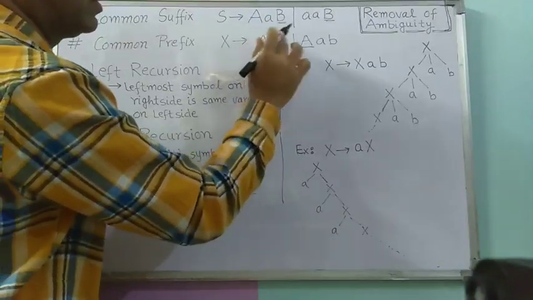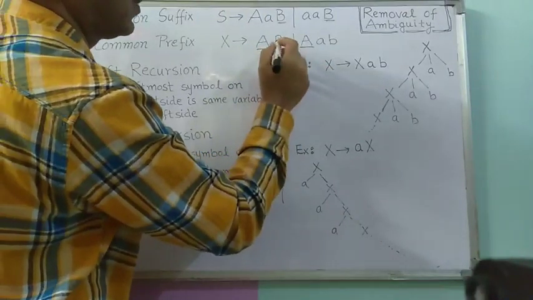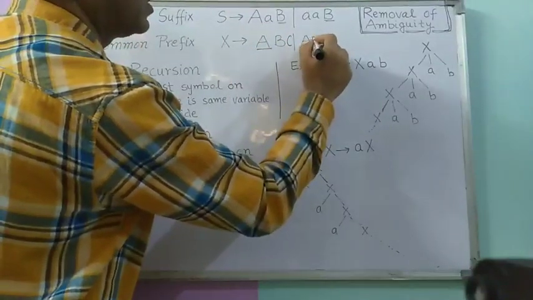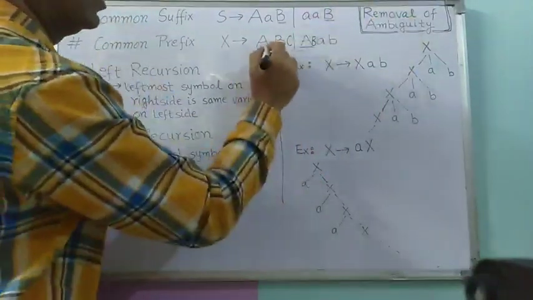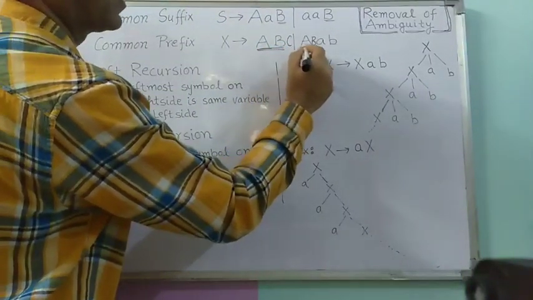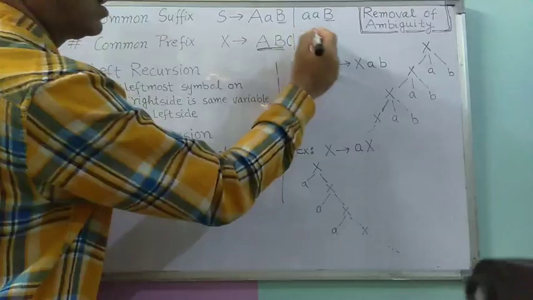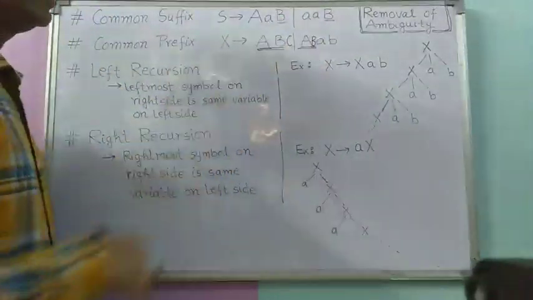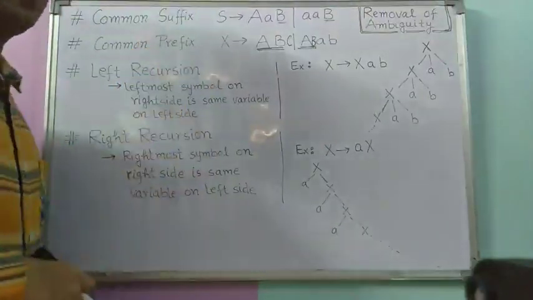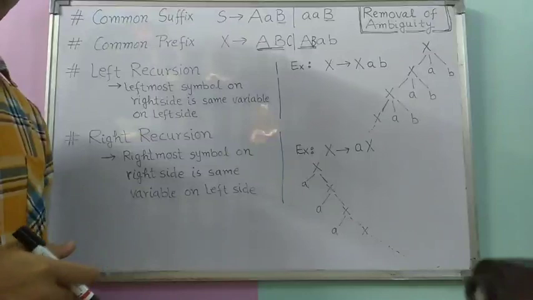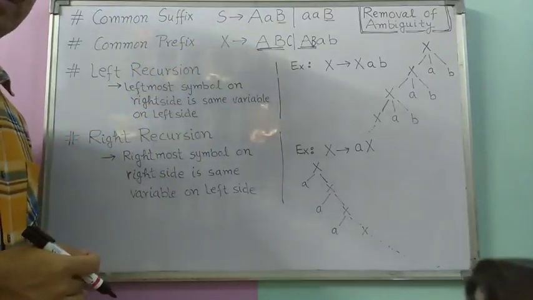Suppose my production is of the form ABC, and the others are AB and AB. In that case, this AB portion is the common prefix, because the initial part of these productions is the same. So this is called the common prefix. So these are common suffix and common prefix. We'll look at how these contribute to ambiguity and how we can remove them.